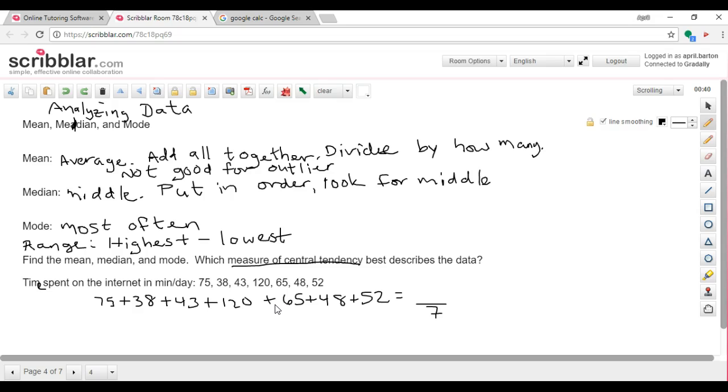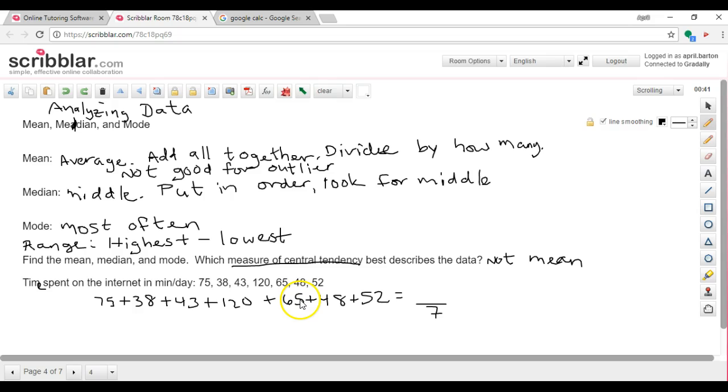Which number doesn't fit? Good, 120. Everything else is in the 40s, 50s, 60s. 120 is way far from the rest. So we can answer which measure of central tendency best describes the data: not the mean. We know for sure, not the mean.